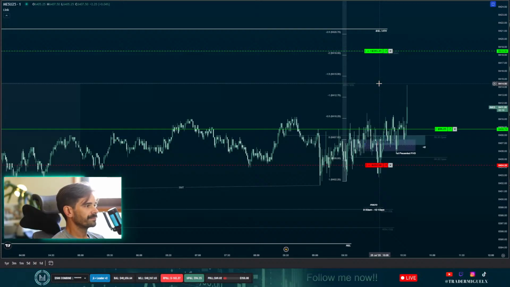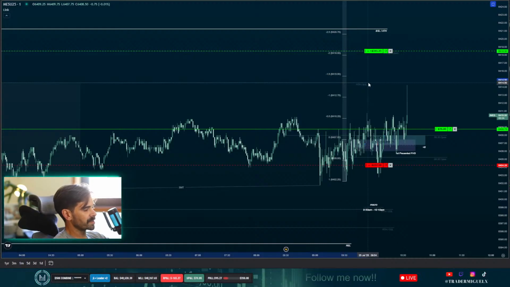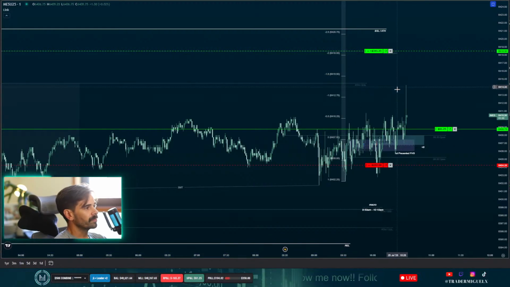God damn it. Well, let's see if it will go a little bit higher, because it stopped right below the regular trading hours buy side liquidity. But if this wick is not fulfilled, that would not be a good sign, honestly.